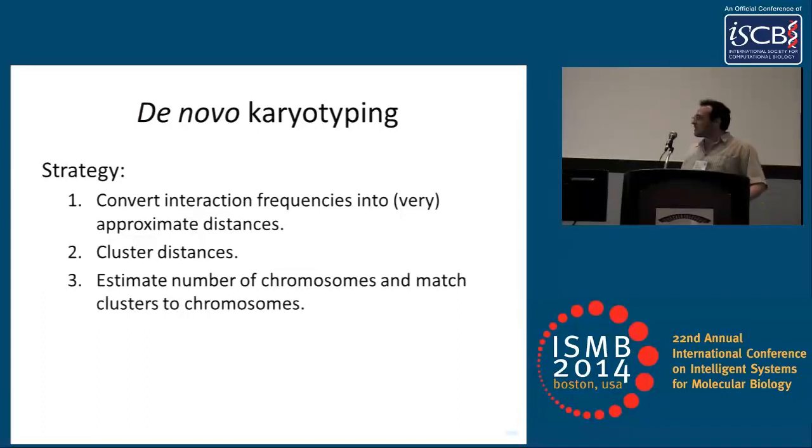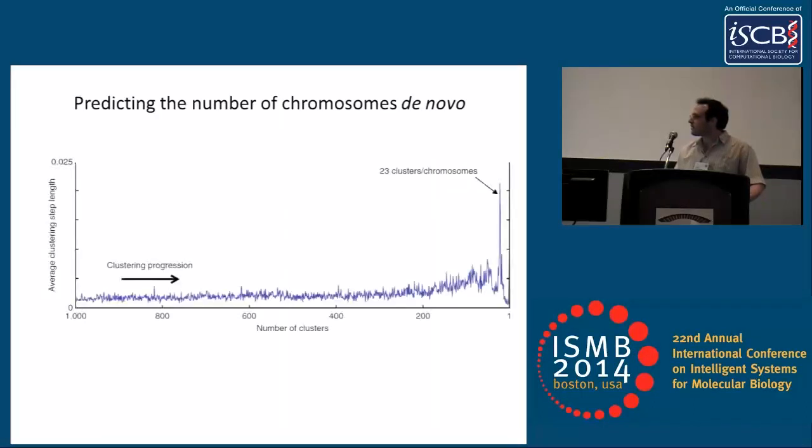Our strategy was very simple. We take the matrix of interaction frequencies, we convert these into approximate distances, and then we just use hierarchical clustering. From that, we want to determine the number of chromosomes and then see if the actual clusters match chromosomes. I won't tell you now how we actually did this, but you can ask me in the questions if you want.